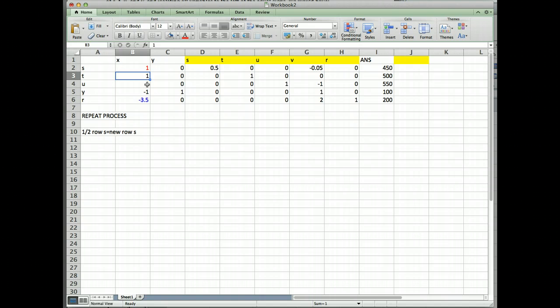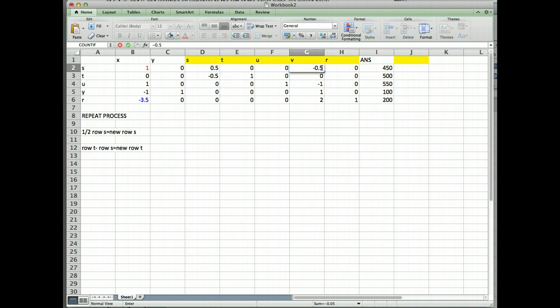And you have to be very, very careful with your addition. Alright? And this is actually going to be our last step. So what we want is to get t equal to 0. Row T minus row S equals the new row T. T minus S, 1 minus 1, 0. 0 minus 0, 0. 0 minus 0.5, negative 0.5. 1 minus 0, 1. 0 minus 0. 0 minus a negative 0.5, and that should be a 0.5, not a 0.05.